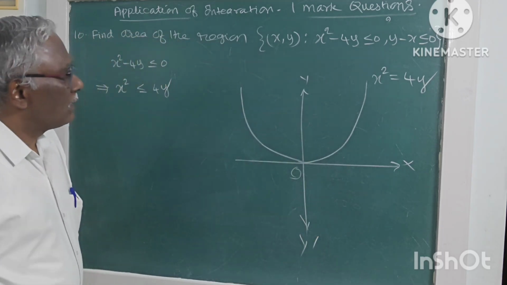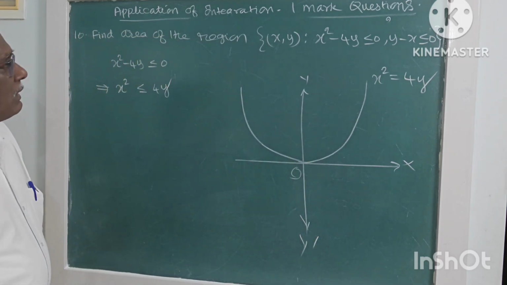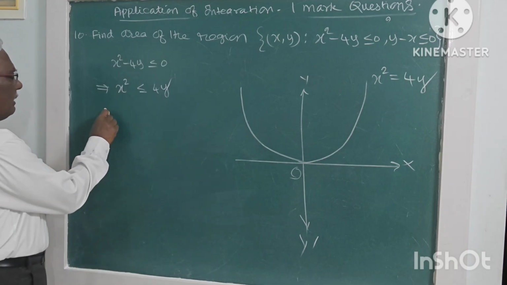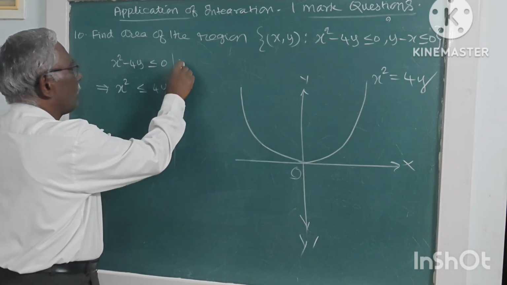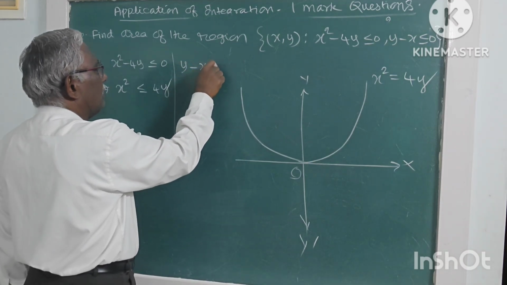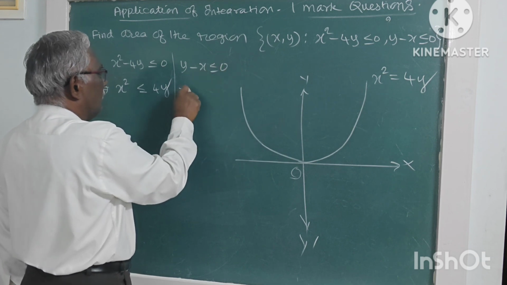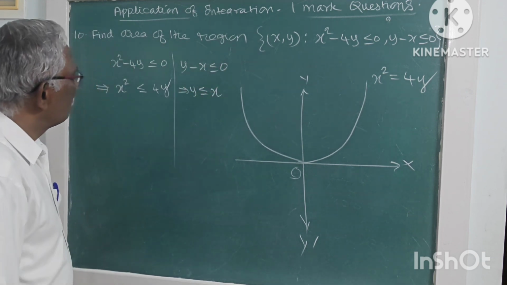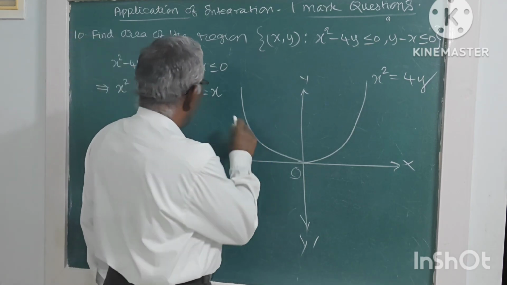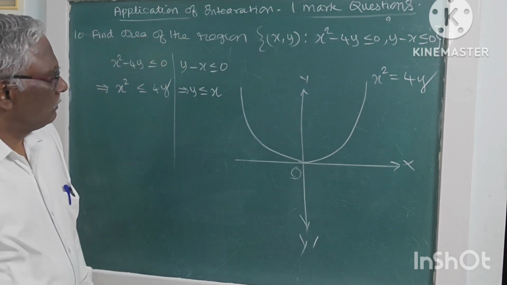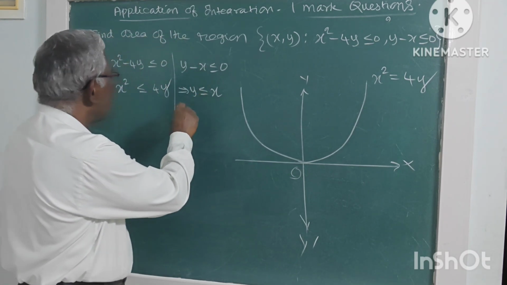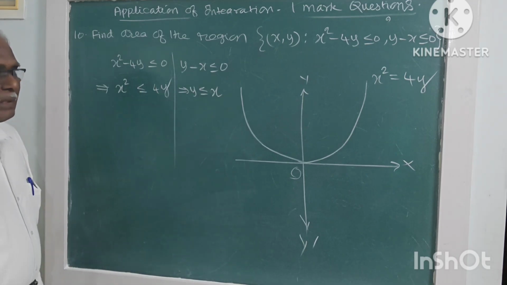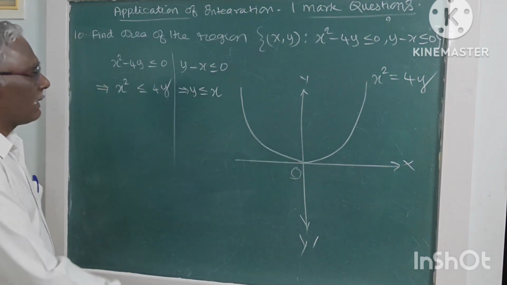First we will draw the sketch of these equations. y minus x less than or equal to 0, so y is less than or equal to x. So x is 0, y is 0. We have to solve these two equations to see where the parabola intersects the line.